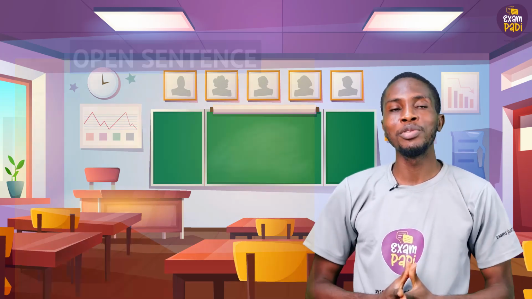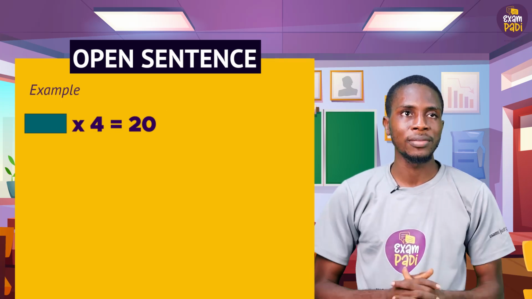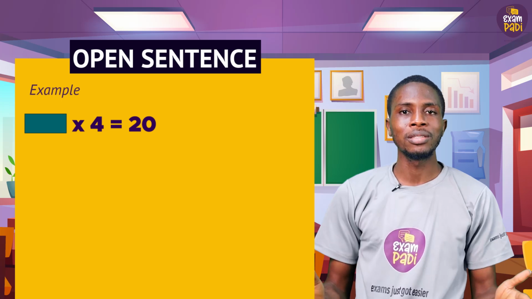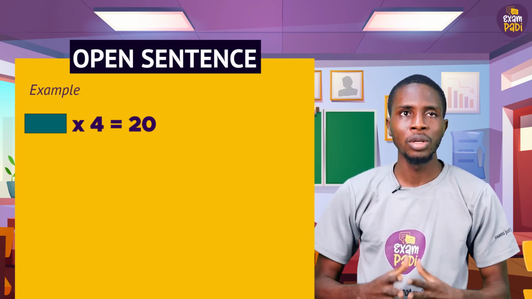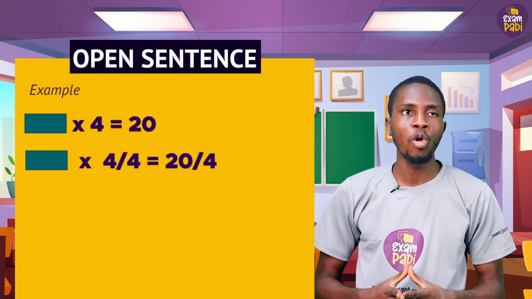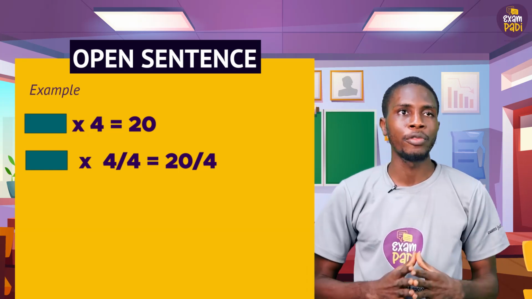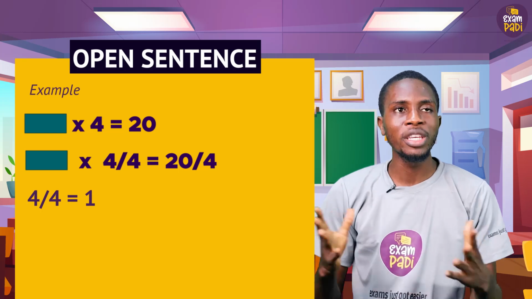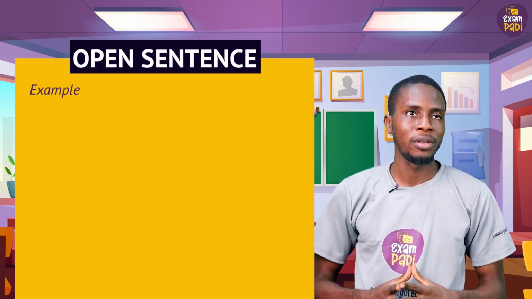Another typical example is box multiplied by 4 equals 20. In this case, we divide both sides by the coefficient of the box, which is 4. That is, box multiplied by 4 divided by 4 equals 20 divided by 4. 4 divided by 4 gives us 1. 20 divided by 4 gives us 5.